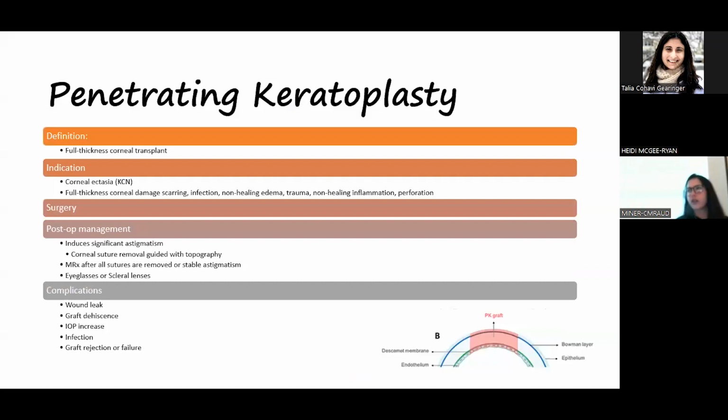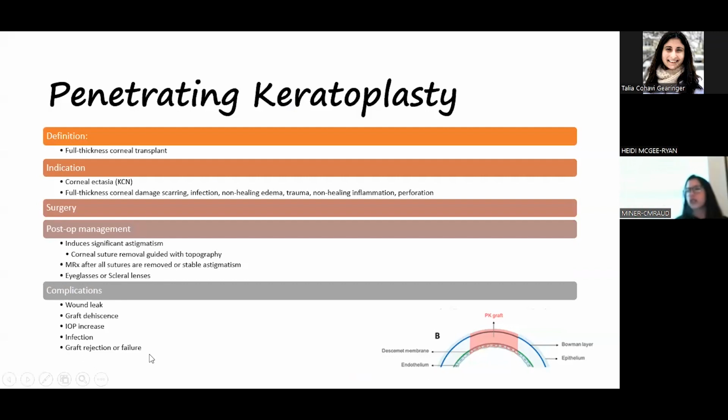So penetrating keratoplasty is the full thickness corneal transplant. Every single layer of the cornea is transplanted. The indication for this type of corneal transplant is commonly seen in patients that have keratoconus or corneal ectasia, but usually patients that have a full thickness corneal scar secondary to their keratoconus, or a very thin cornea where DALK, which we're going to be talking about later, is not going to be effective.